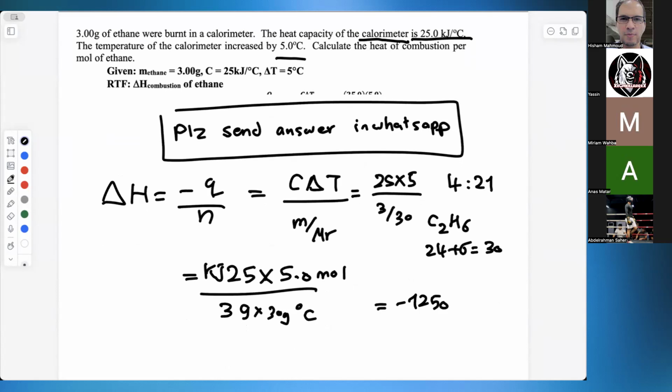So I get negative 1250, and since the unit here, as we said, is in kilojoules, it will be kilojoules per mole. Minus 1250 kilojoules per mole, or I can say negative 1.3 multiplied by 10 to the power of 3 kilojoule per mole, if I need three significant figures.